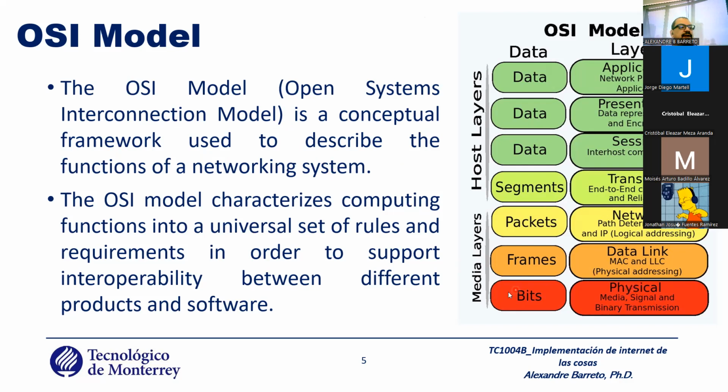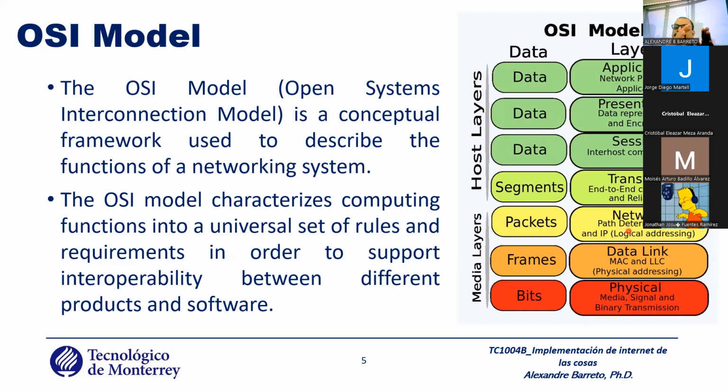For example, you have the physical layer that is responsible for media and binary transmission, to transform the data to insert in the cable. You have the data link. The data link is responsible to manage, for example, when one uses the channel, when the other uses the channel.